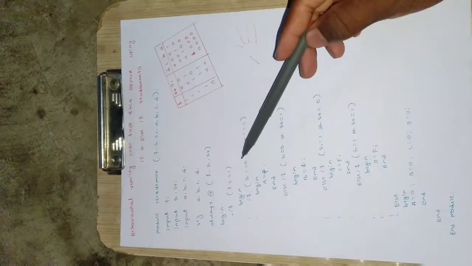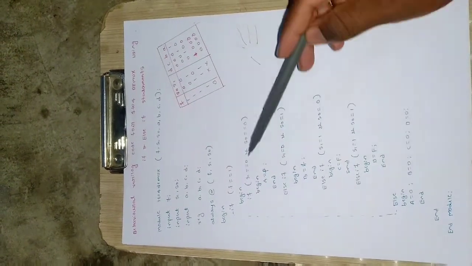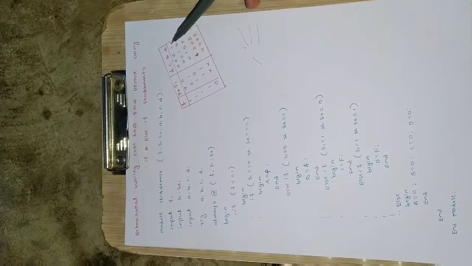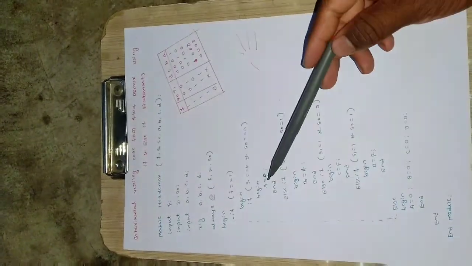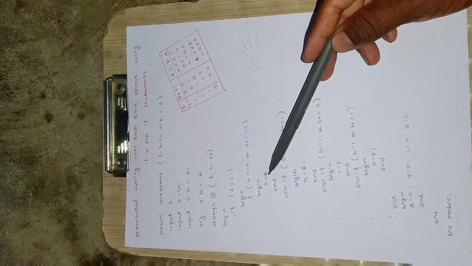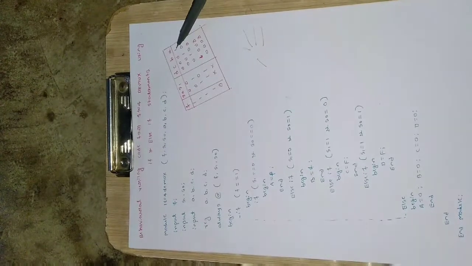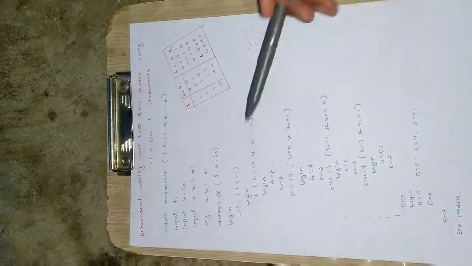Make sure that you are using the double equal to, and if s1 and s0 are 0 0, the output will be 0 0 0 1. At that moment, begin a is equal to f.